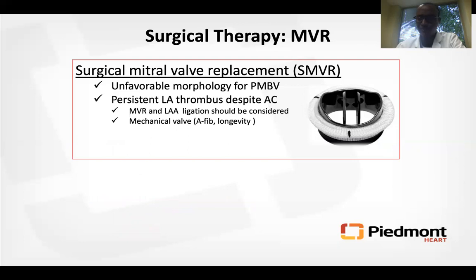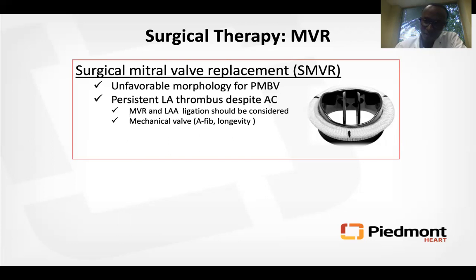They have at least moderate to severe mitral regurgitation concomitant with the mitral stenosis. They also have other valvular pathologies. They have concomitant tricuspid regurgitation or aortic regurgitation or even aortic stenosis. So those patients seem to be doing better with surgery and usually get a mechanical valve.